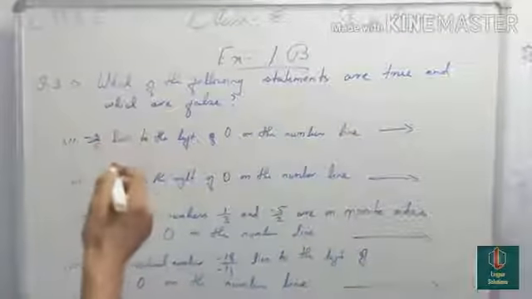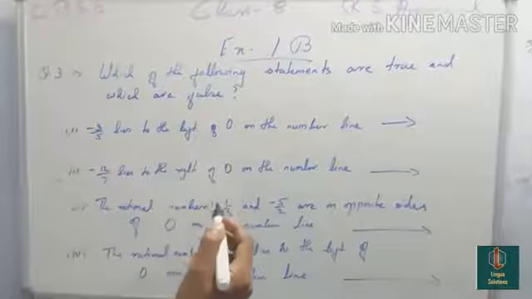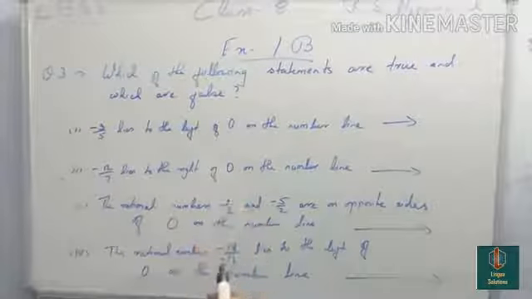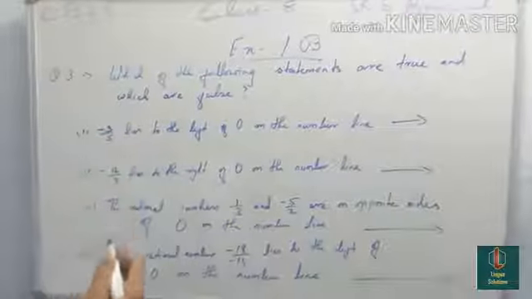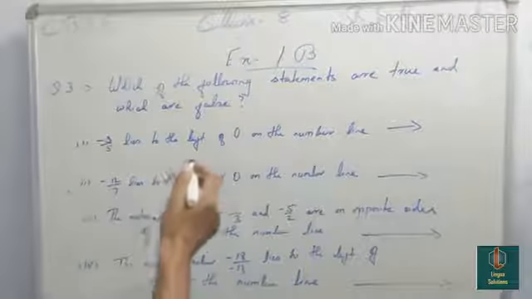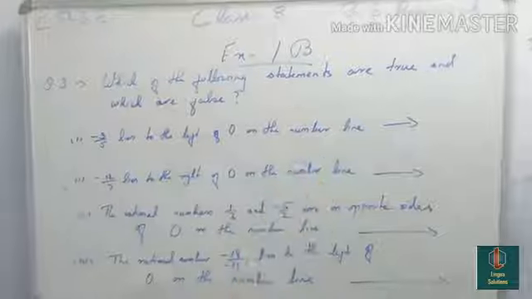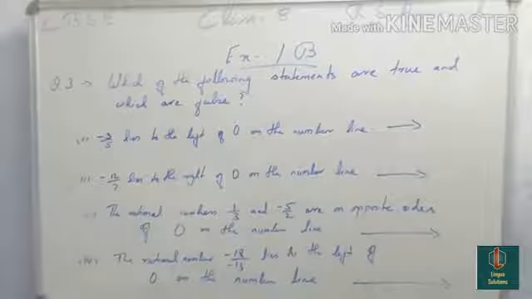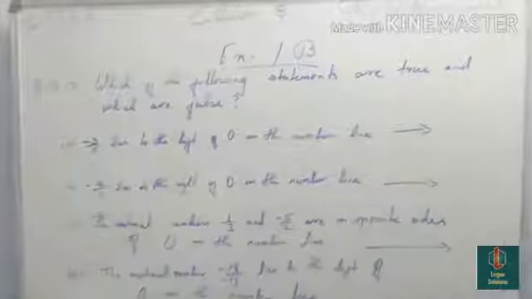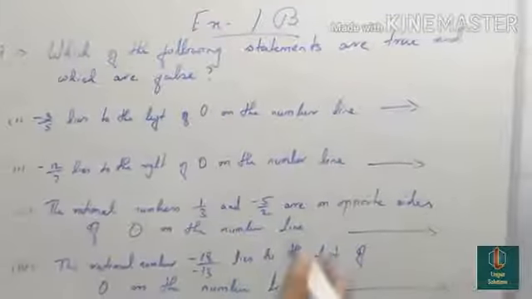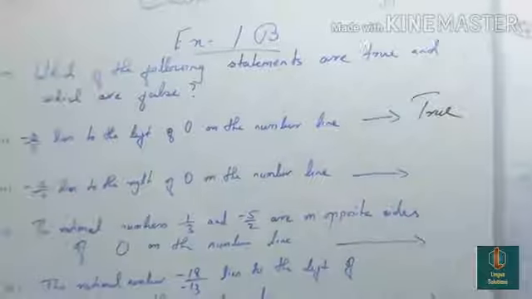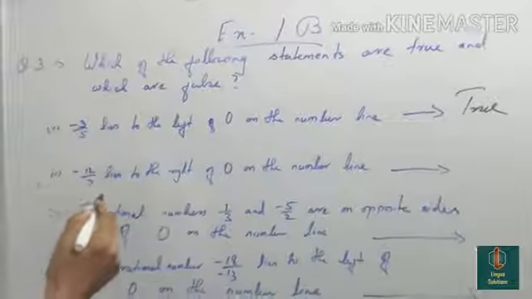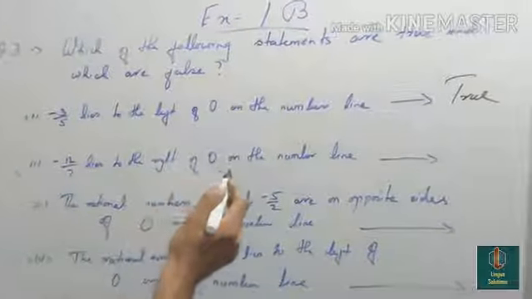In this question we have to state whether it is true or false. First one is -3 by 5 lies to the left of 0 on the number line. We know that negative numbers are on the left side of 0, so it is true. Next one is -12 by 7 lies to the right of 0 on the number line.